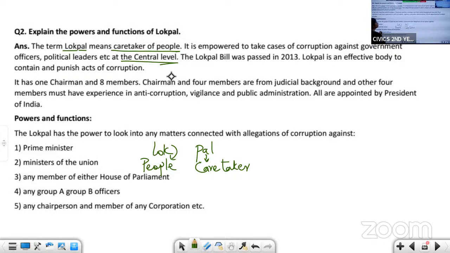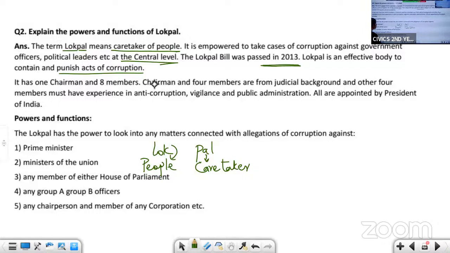This Lokpal bill was passed in 2013. It is an independent, efficient body, which will help in containing, meaning controlling, and punishing acts of corruption among government employees and political leaders at the central level.